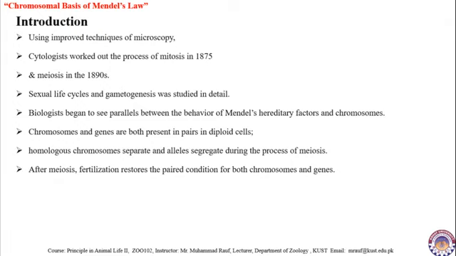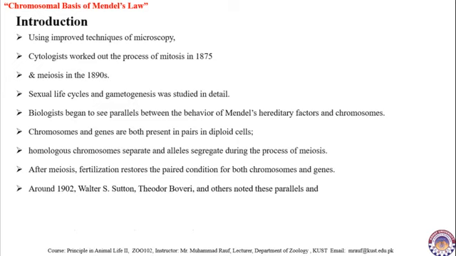And once the process of fertilization occurs, the pair responsible for determining a trait is restored, meaning gametes are haploid. In spermatogenesis, sperms are produced which are haploid. In oogenesis, the ova are produced which are haploid.